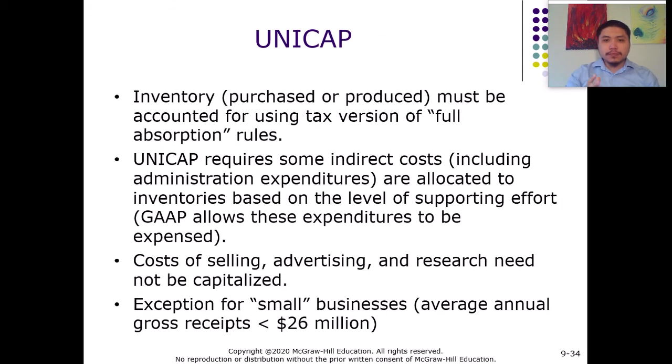So for tax purposes, the way to account for inventories is a little bit different, and that's why they invented a comprehensive, coherent principle to guide businesses to treat the inventory. And this principle is the UNICAP principle, and UNICAP stands for Unified Capitalization Principle.